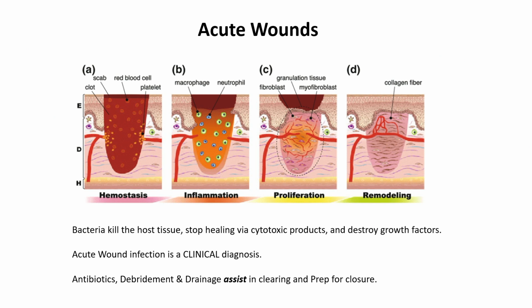That's when the wound doesn't progress towards healing and we get stuck in the inflammatory phase. There is a lot of inflammation, little proliferation, and the wound either stays static or gets worse. Antibiotics, debridement, and drainage actually assist to clear the mess. That's what inflammation does. It clears and prepares the wound to heal.